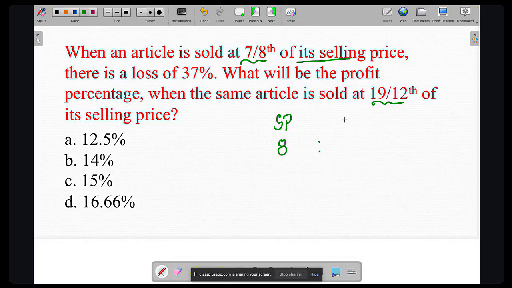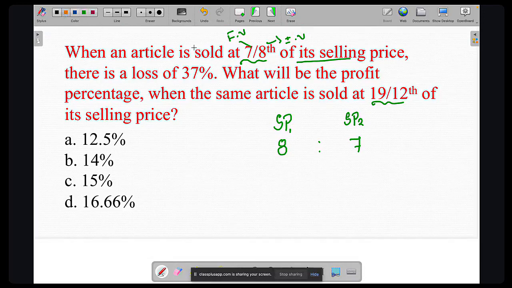Instead of 8 rupees, now the first time selling price, second time selling price, SP1, SP2. SP2 will be 7. Is it clear? From this statement, does everyone understand this? Instead of 8 rupees, I'm selling that article at 7 rupees. Is it clear? See, always the denominator will be the initial value and the numerator will be the final value. It may be increased or decreased.